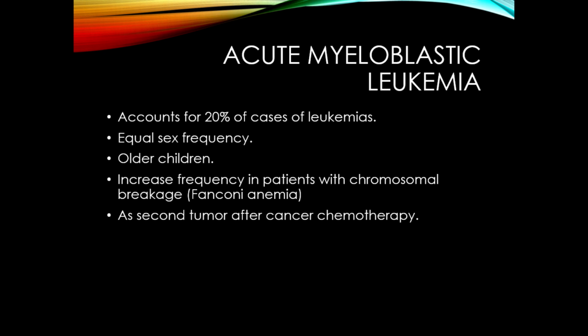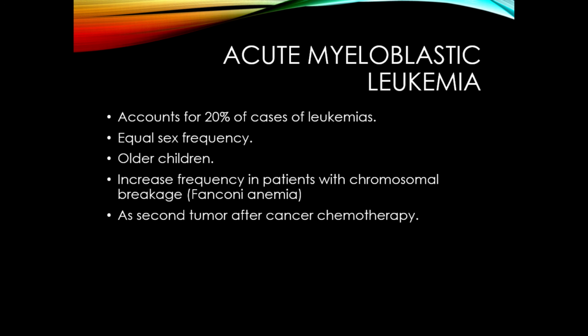Just a few words or a few slides about the other type of acute leukemia, which is the acute myeloid leukemia. It accounts for 20% of the cases of leukemia. In it, there is equal sex frequency, unlike the ALL, where there is male predominance.